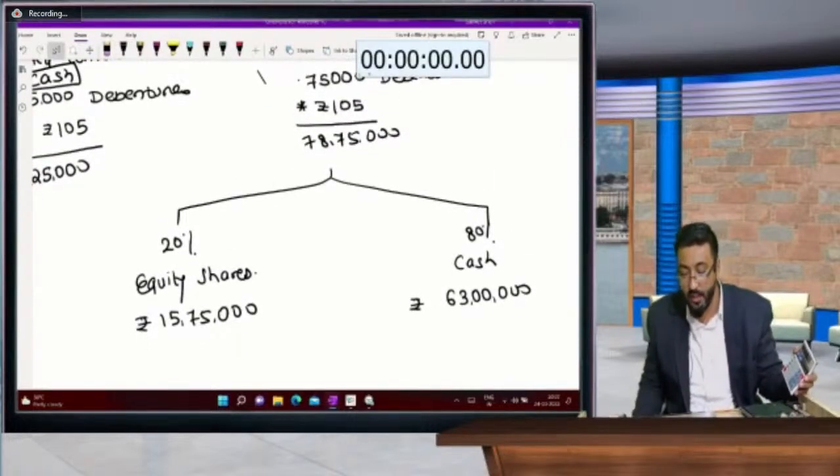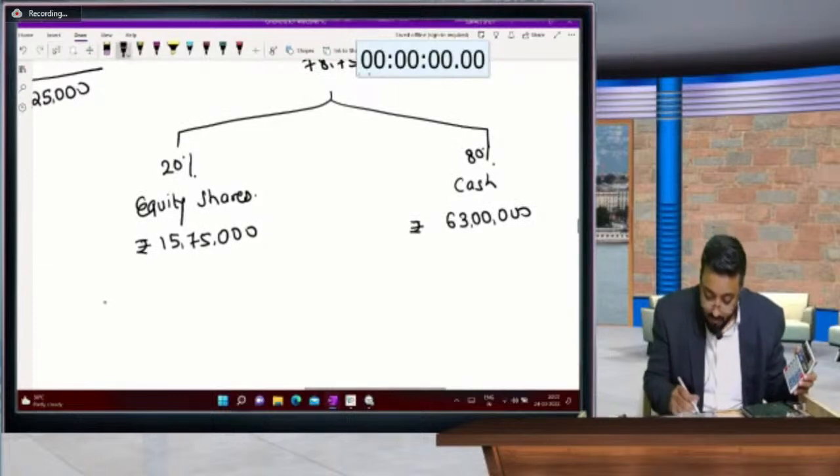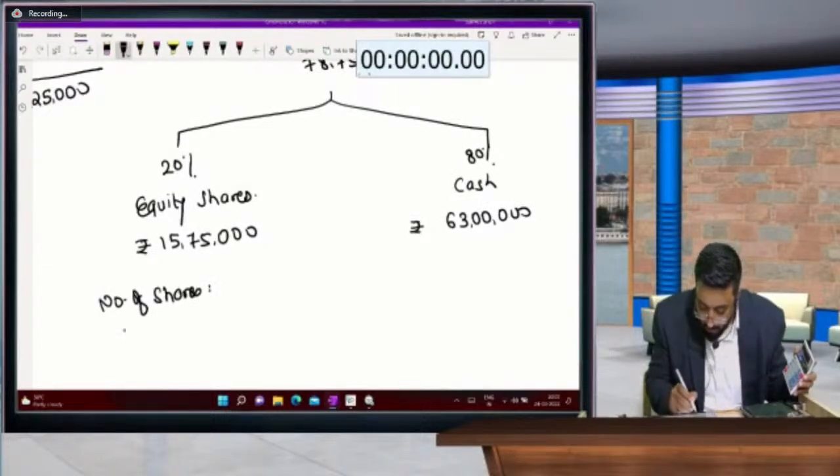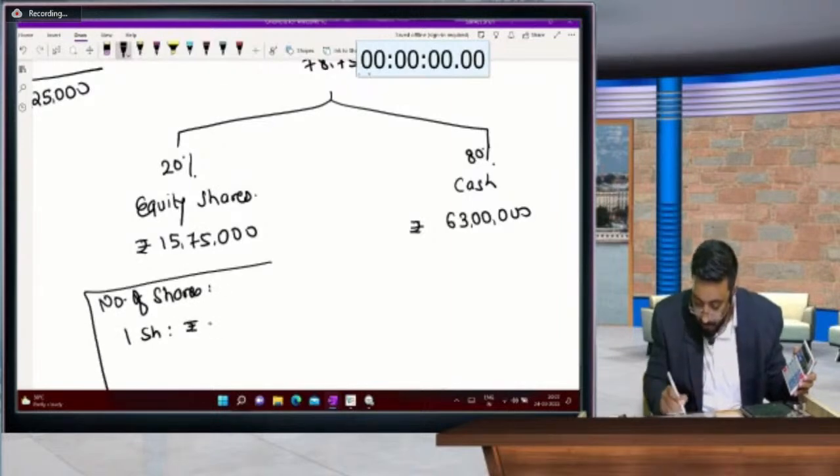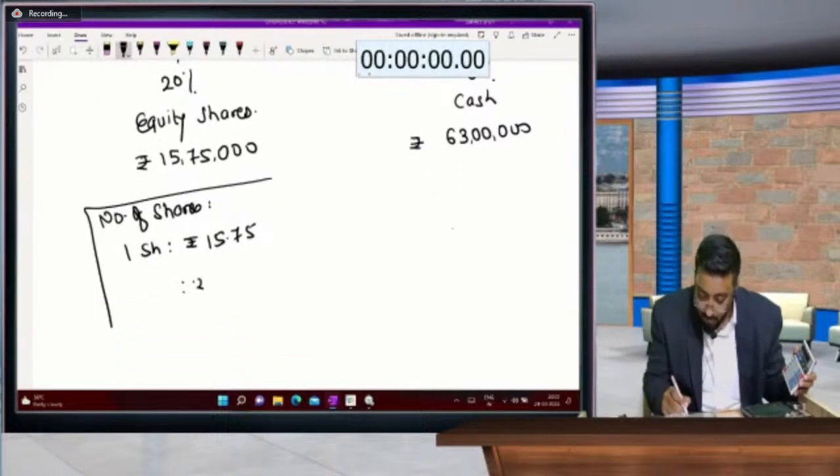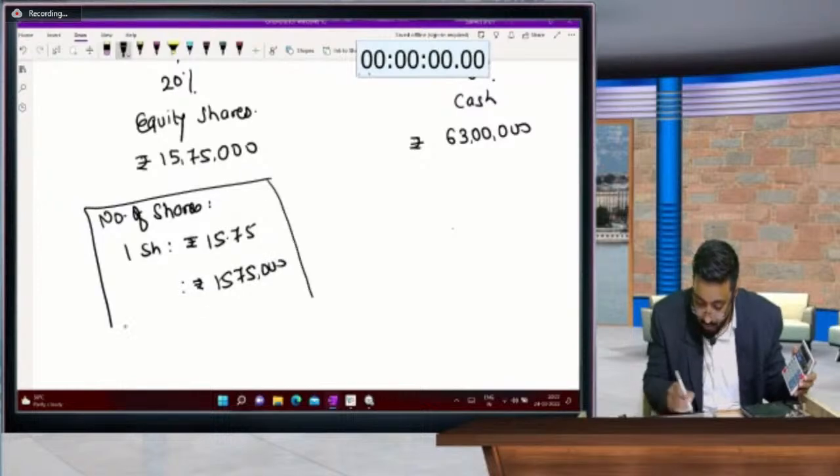Number of shares: one share is of rupees 15.75, and they want shares of rupees 15,75,000.